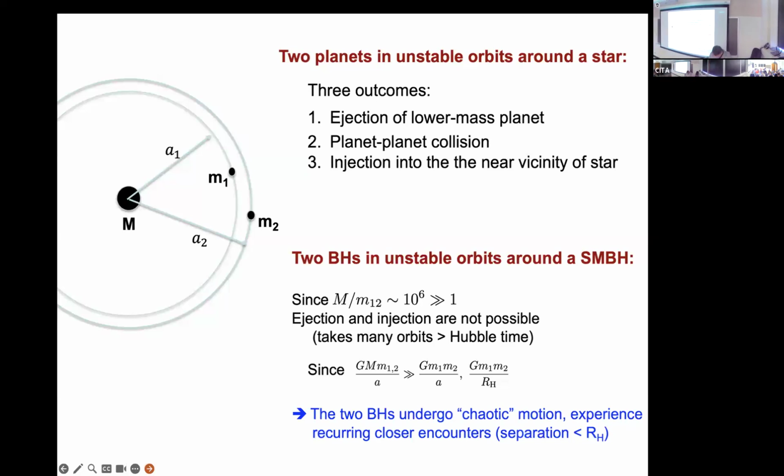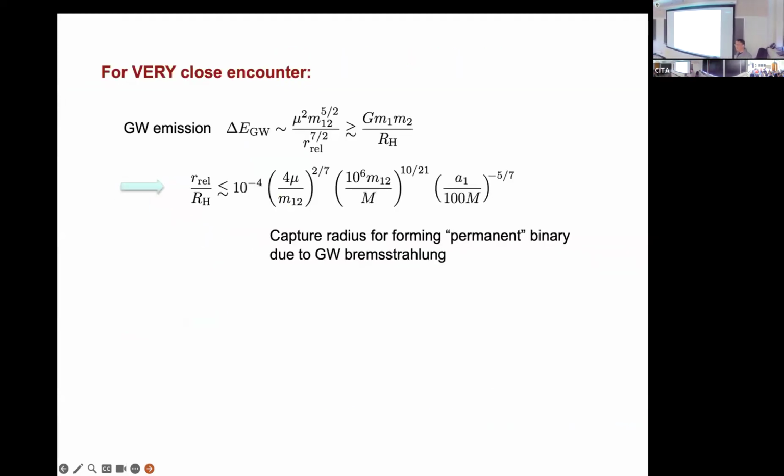Once in a great while, the two little black holes can become very close to each other. Then the relative motion between them can radiate gravitational waves, and if they are sufficiently close, the radiated energy is large enough to immediately make the two bound to each other.